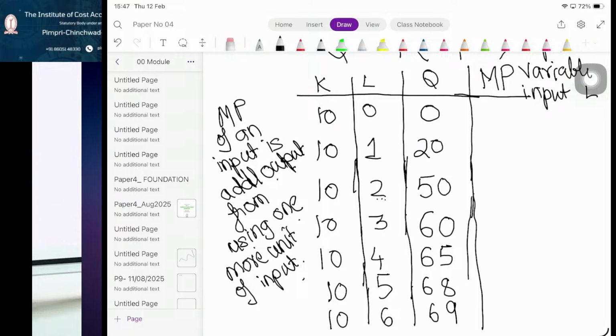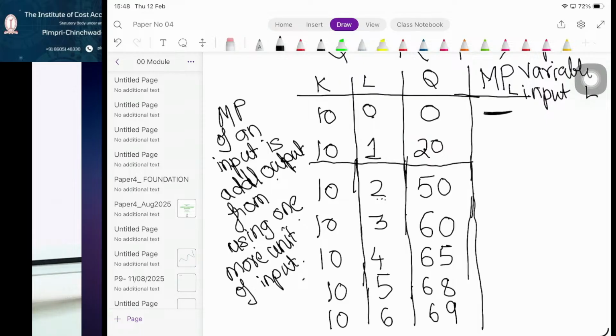Okay, so here we are thinking about marginal product of labor because capital is remaining fixed. So let's compute this very important concept of marginal product. For the first case we cannot, because there is nothing like a minus labor input. Now when you look at the case at second column, for 1 unit of labor we are producing 20 units of output, and when 0 units of labor we are producing 0 units.